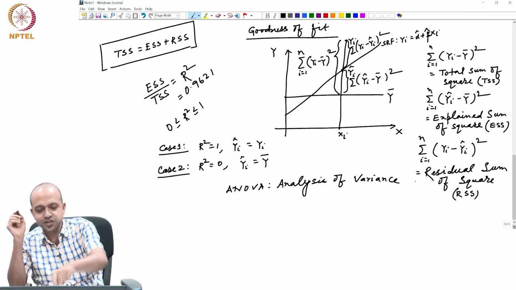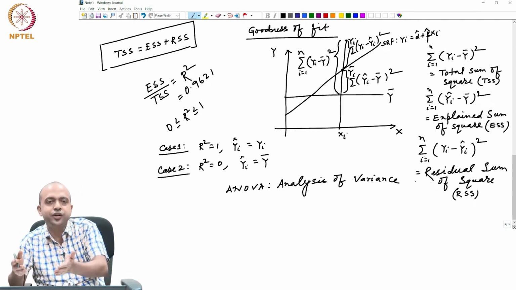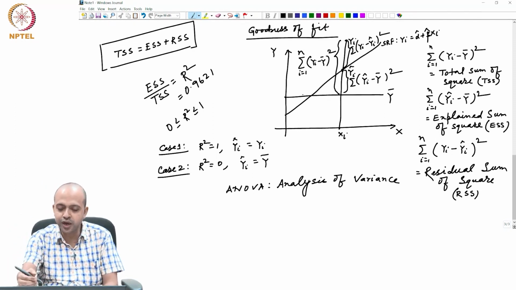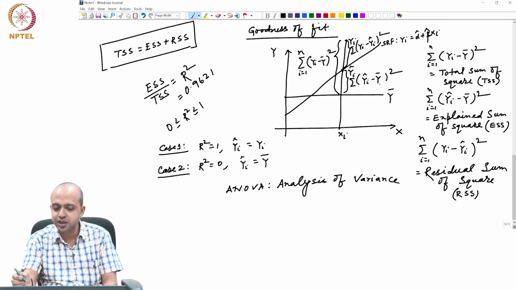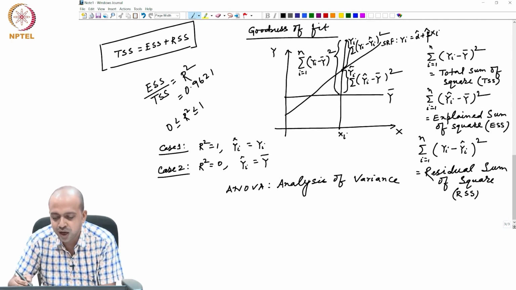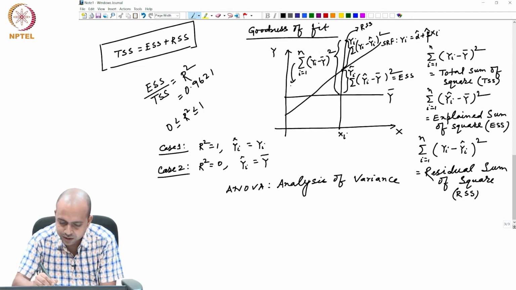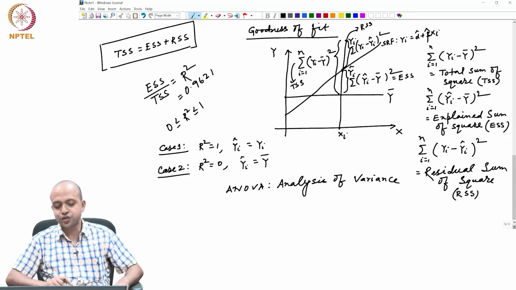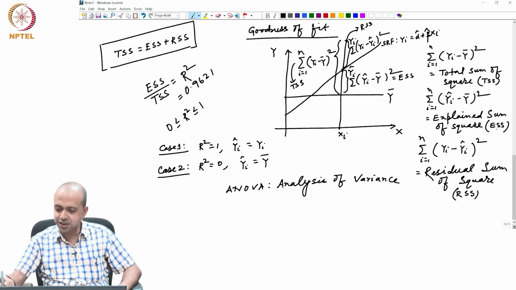See, this diagram is also a diagrammatic representation of Anova. This is my total sum of square, the total variation in y. Out of this I am able to explain this part, which is my ESS, and this is RSS, and this is TSS. So this diagram also shows the analysis of variance. Now, what is ESS here?